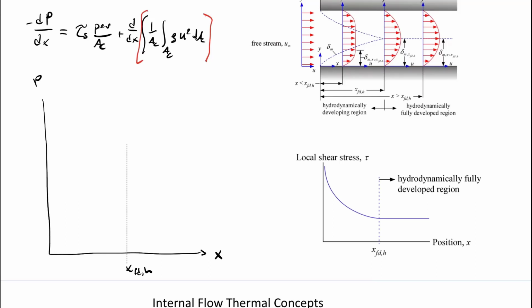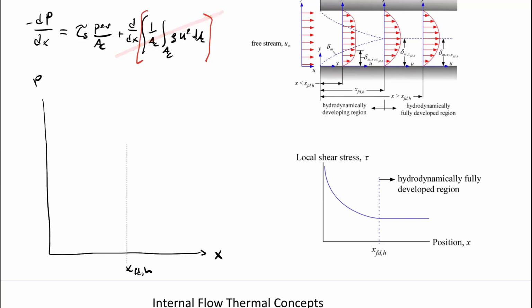Let's start first by looking at the fully developed region. My velocity profile is not changing as a function of position. So d dx of an area integral of a change of a velocity is going to be 0. There is no change in the momentum as a function of x in the fully developed region. So in that region, this term goes away.